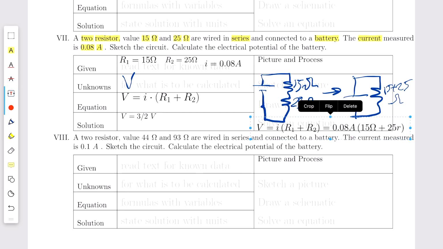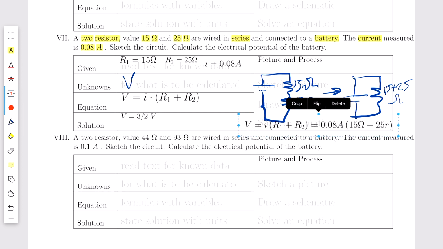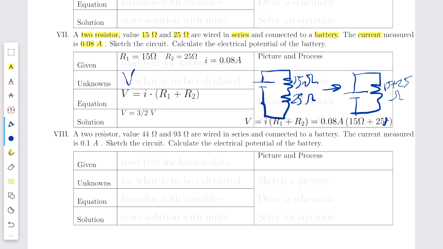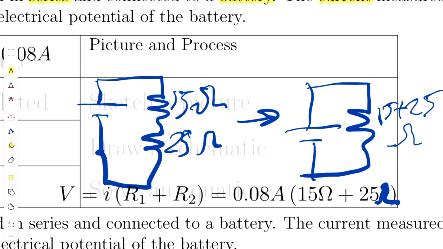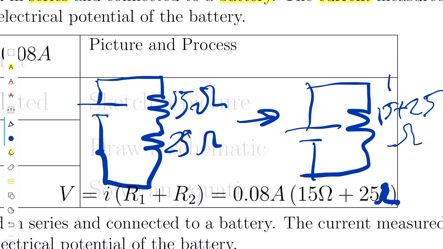Okay. Oh, it's plus. Okay, so it's just that last ohms. Okay, so the 15 and 25 are the equivalent resistor, which we call RE.